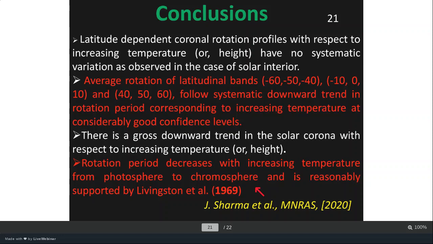So finally, we can say that from photosphere to chromosphere, chromosphere to lower corona, and lower corona to upper corona, the temperature increases and the sidereal rotation period decreases. So these are our final results.